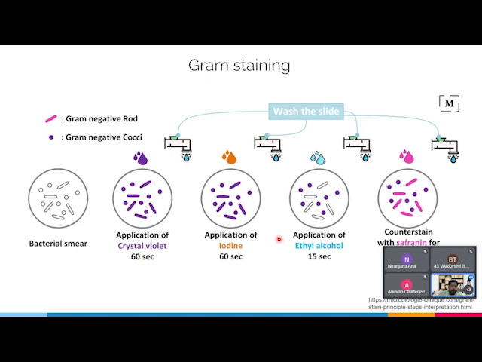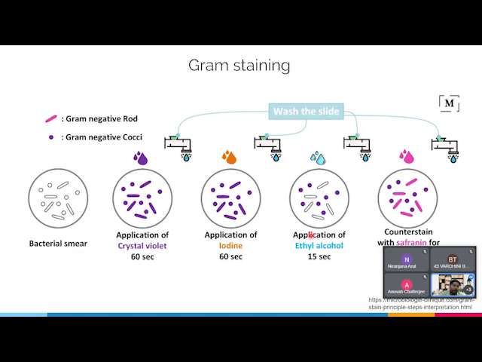Gram negative bacteria essentially have two layers in the cell wall, one peptidoglycan layer, and another layer will be the normal cell wall layer. Ethyl alcohol essentially wipes off the outer layer, and since our crystal violet was attached to the outermost layer, these particular bacteria will now have no stain on them.